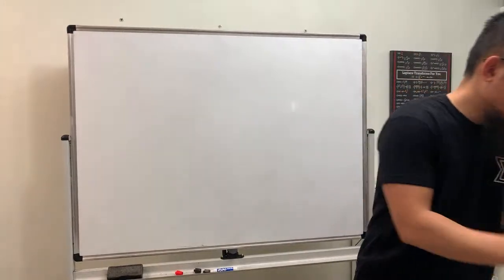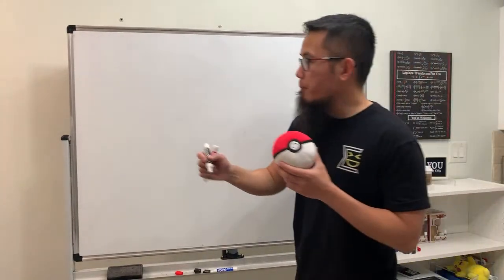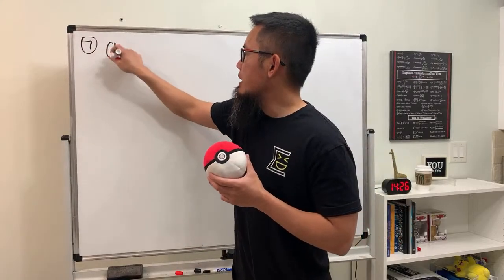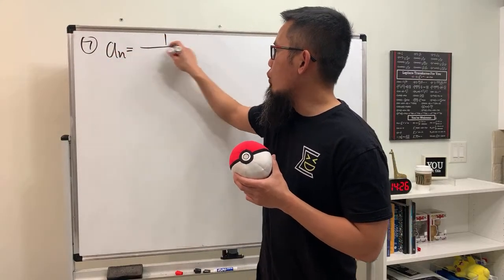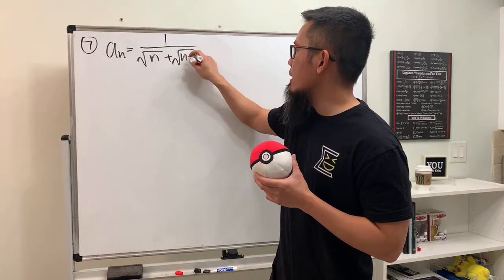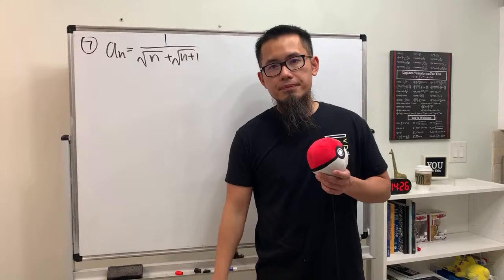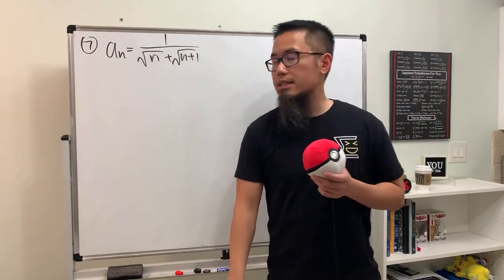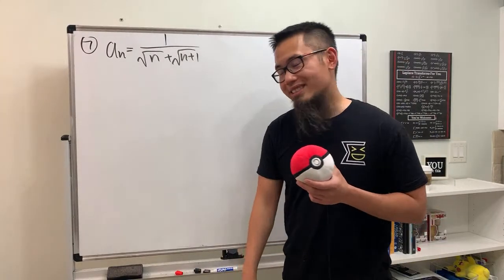All right, 2 more to go. Number 7. Here's number 7. a_n equals 1 over square root of n plus square root of n plus 1. This right here, it's not so bad. You'll see.